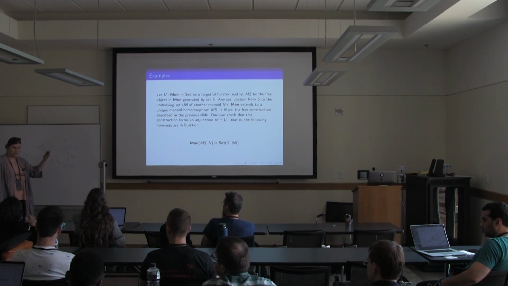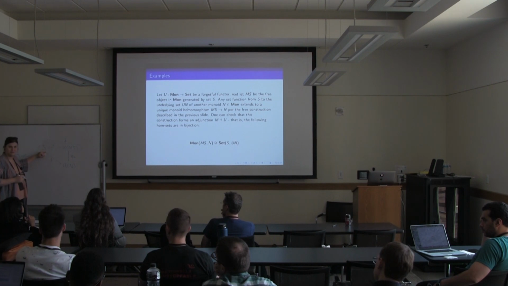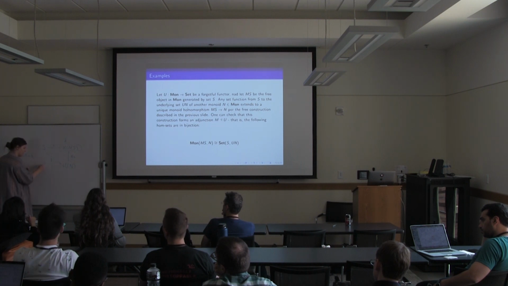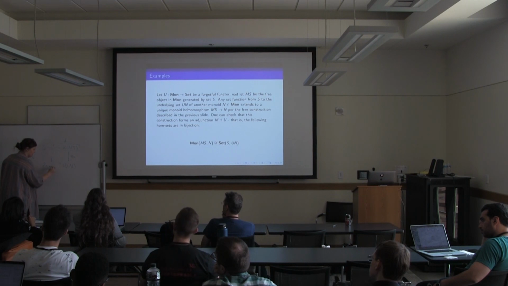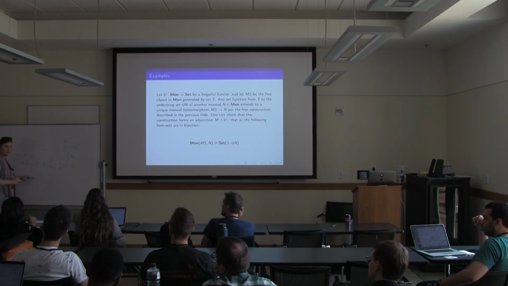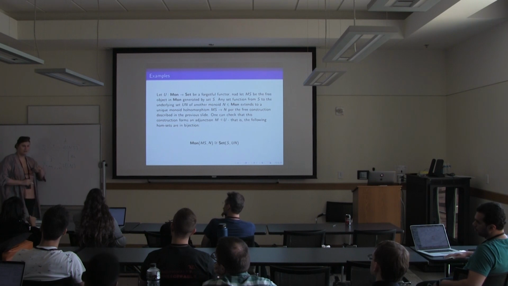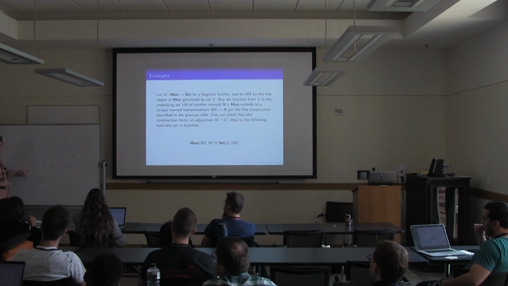It's the combination of all words in S, which are combinations of letters in S. So we end up with something that looks like A, AB, and so on, if S is equal to, say, A, B, C. So we end up with this giant collection of combinations of words built from the set S.